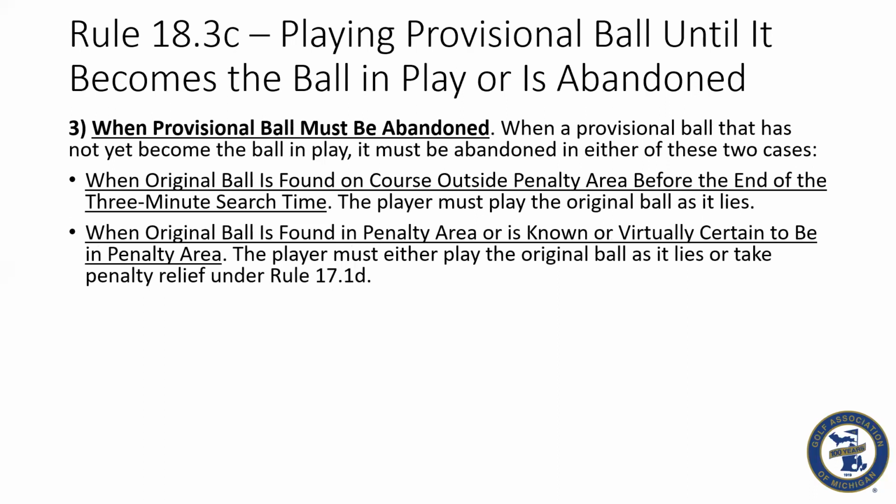But when they hit that provisional, they had to be certain that it could be lost outside that penalty area. Number 9 or 18 at Eagle Eye, there's no way. You know it's in there. So as soon as that player hits that quote unquote provisional ball, it's stroke and distance. That ball is in play. The provisional ball is not in play.